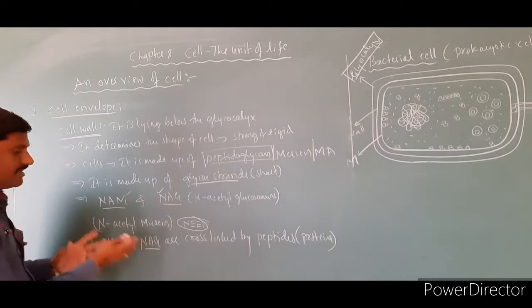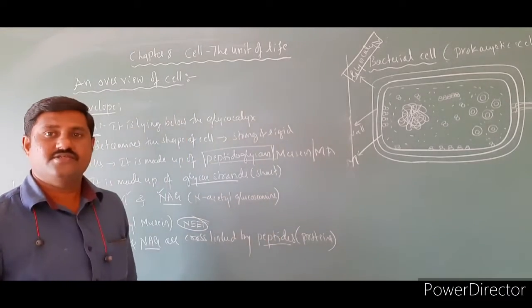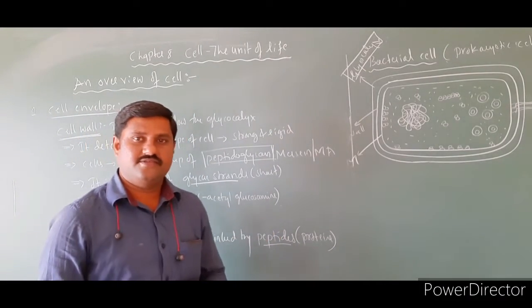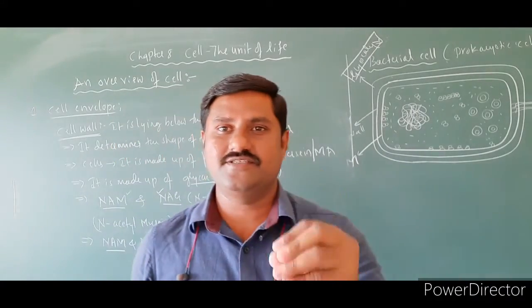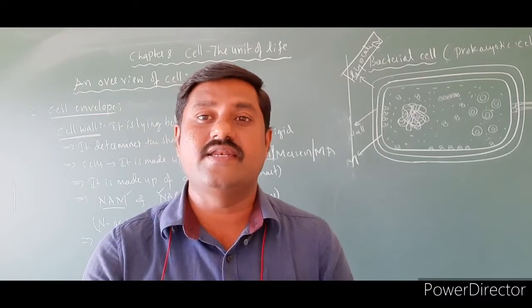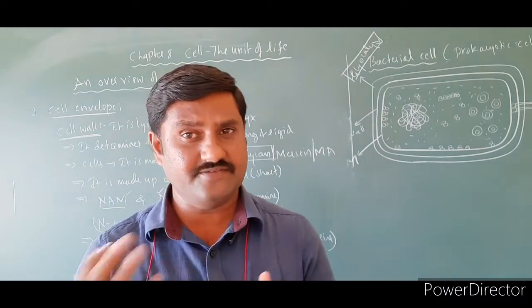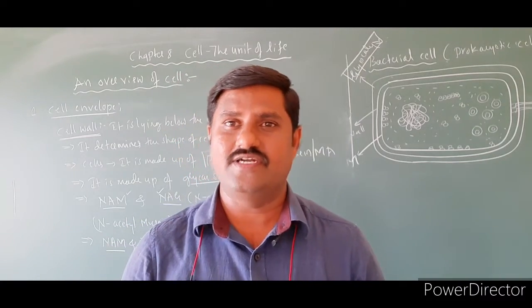Since these are cross-linked with the help of peptides, sometimes we use antibiotics to kill such bacteria by lysing the cell wall. How does the lysis of the bacterial cell wall take place?